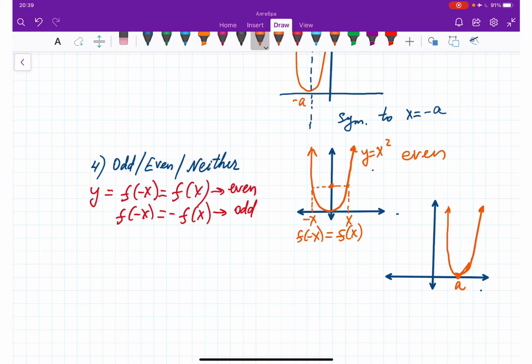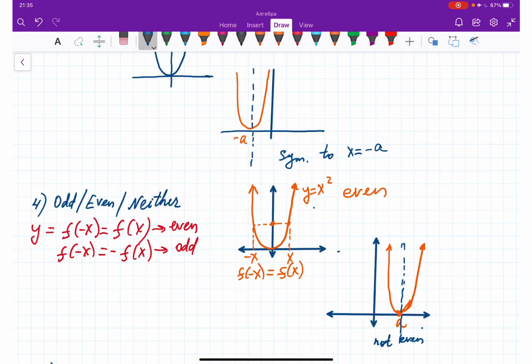Why? Because it's not symmetric to the y-axis. It is going to become symmetric to the graph x equals a. So this one is not even. Remember one thing: the second you shift it horizontally, right or left, it will stop being an even function.